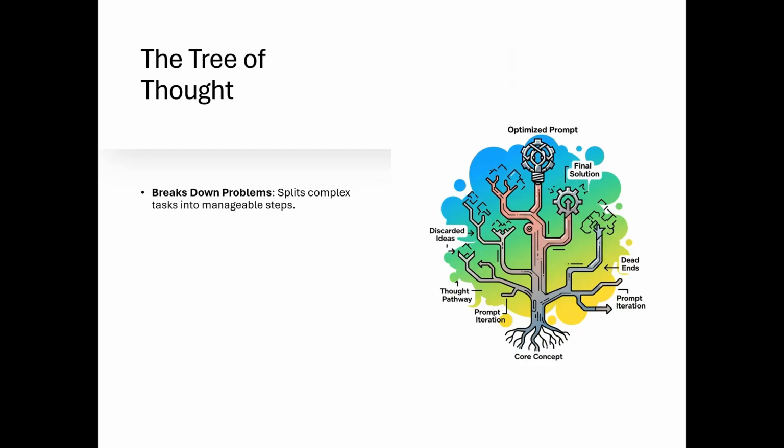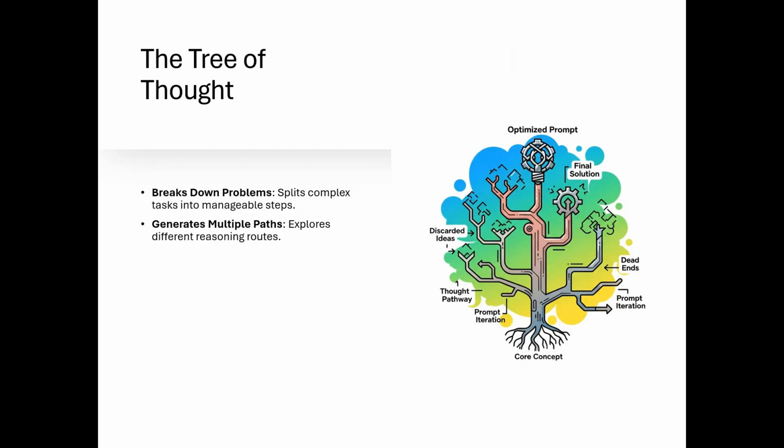But instead of that, what AI might think is the final solution, you might like it to further optimize that final solution by giving it an optimized prompt and getting to the top of the tree and giving you a really great, valuable answer. So this method generates multiple paths.